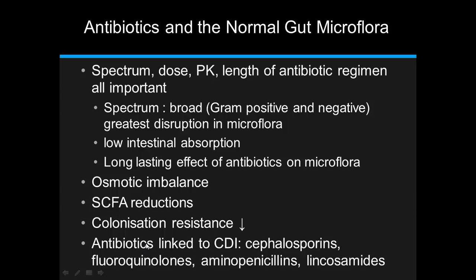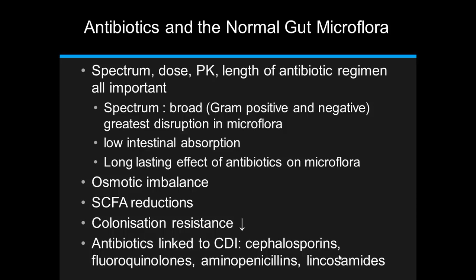In the last point here, we've got some classes of antimicrobial which are particularly linked to development of Clostridium difficile infection. So cephalosporins, things like ceftriaxone and cefotaxime, they're broad spectrum beta-lactam antibiotics that are often given to the elderly for chest infections and other infections of that nature, and they are prime inducers of Clostridium difficile infection.